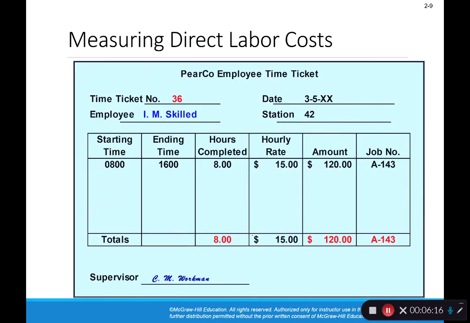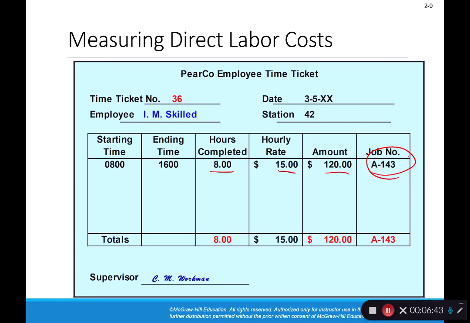The labor would relate to the people that are putting that wood together and making the wood into crates. So we can see here an employee time ticket for an employee named I Am Skilled, so very creative. And they have their time card, and it shows that they worked 8 hours. They make $15 an hour for a total of $120, and they were completing job A143, which is the job that we're interested in.